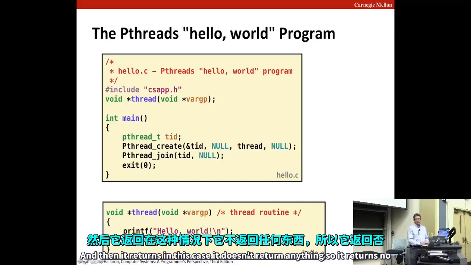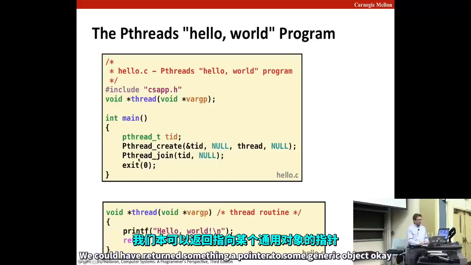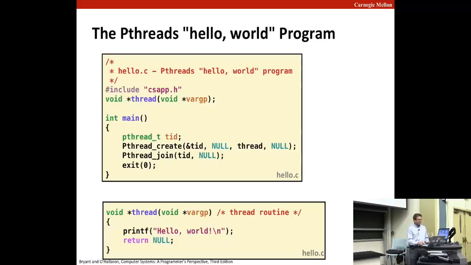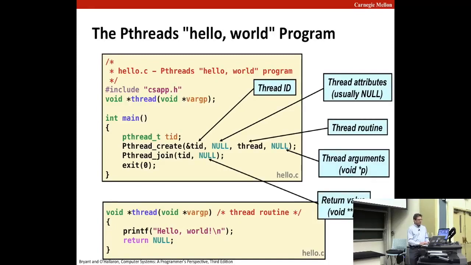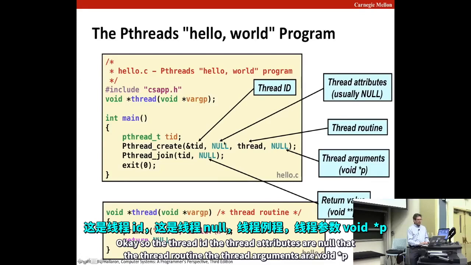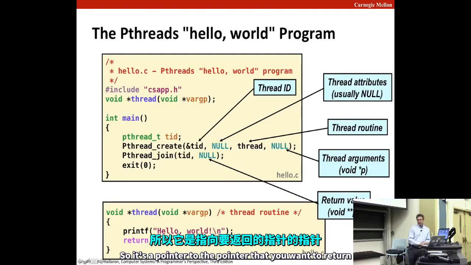In this case it doesn't return anything, so it returns NULL. But if we wanted to return something to the calling program, we could return a pointer to some generic object. So, the thread ID, the thread attributes are NULL, the thread routine, the thread argument is a void star, and the return value is a void double star, a pointer to the pointer that you want to return.